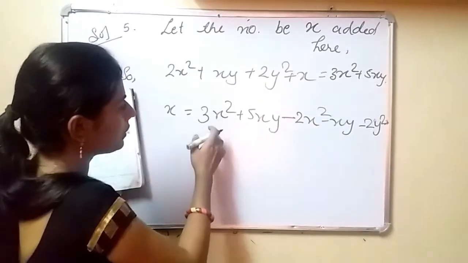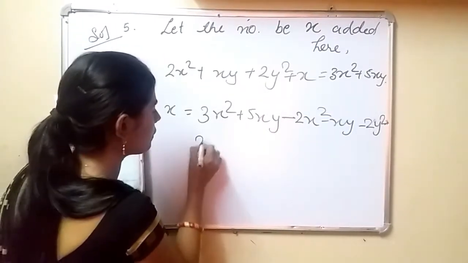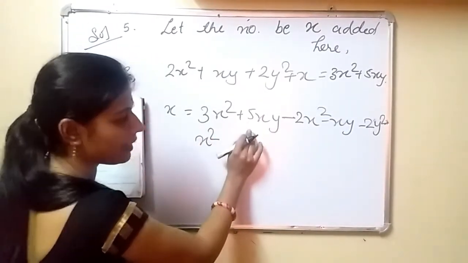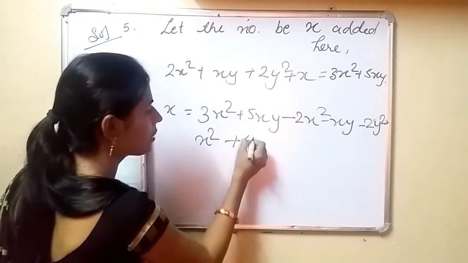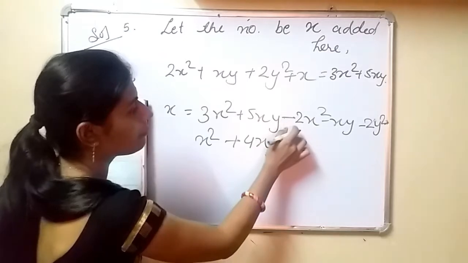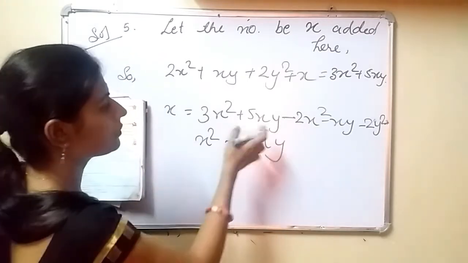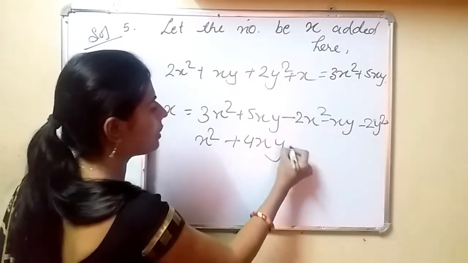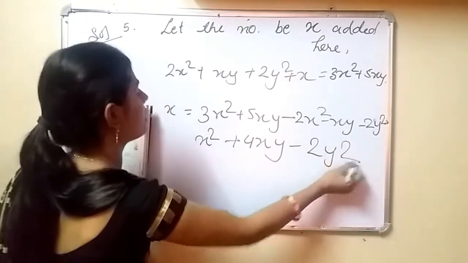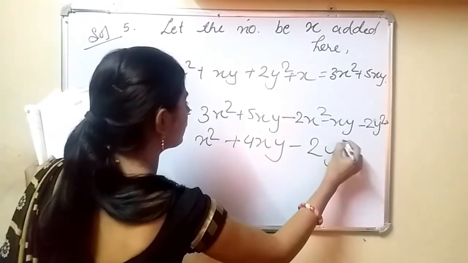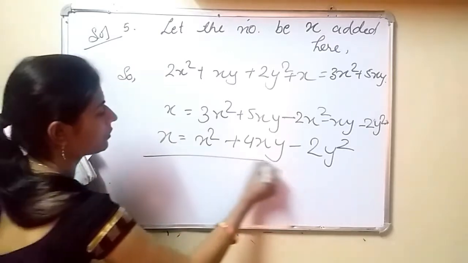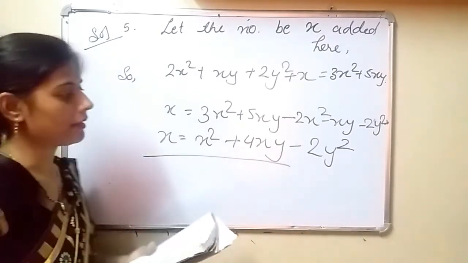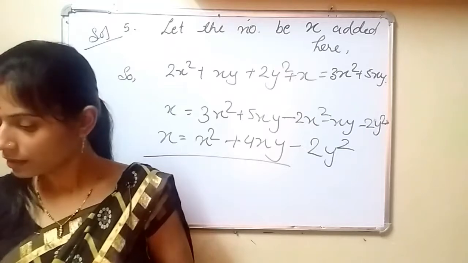Now 3x square minus 2x square becomes x square, 5xy minus xy becomes plus 4xy, and only minus 2y square is remaining. So x is equal to x square plus 4xy minus 2y square is your answer.